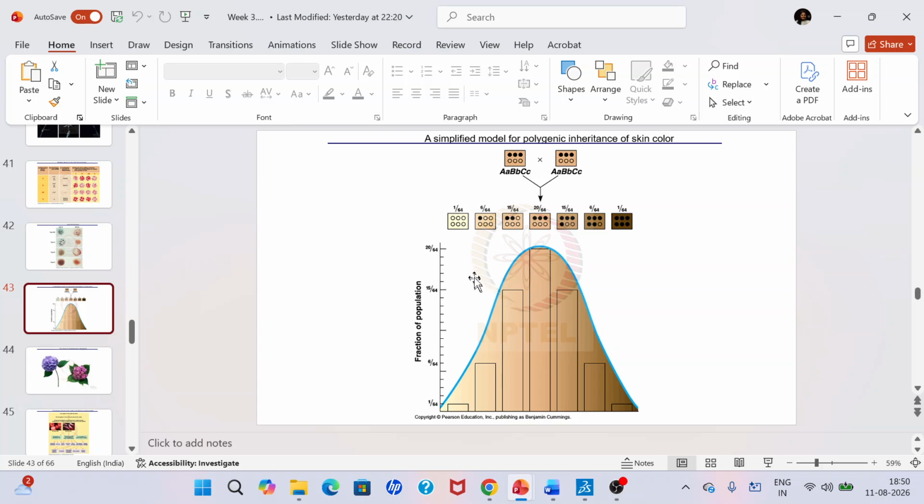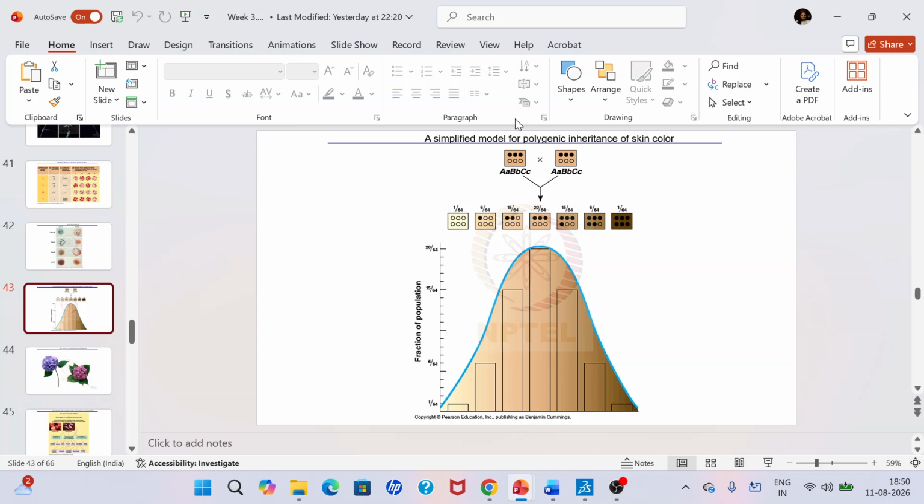As the number of recessive alleles increases, the skin color also starts getting darker, till the last situation, 1 out of 64, where all recessive alleles give a darker complexion than the one in which all dominant genes were present.